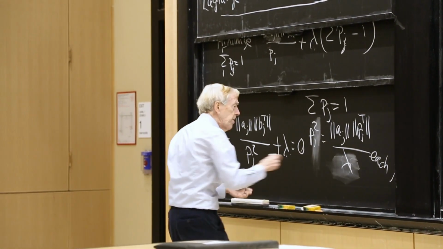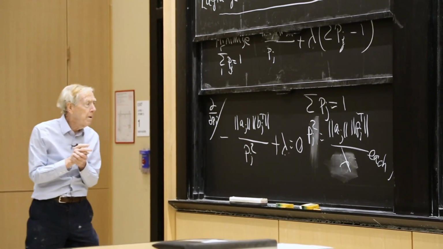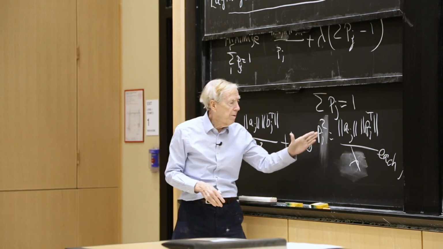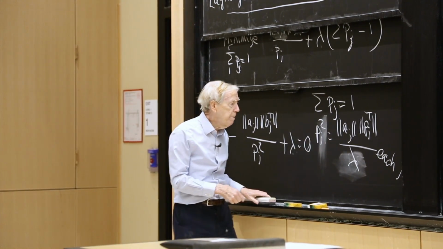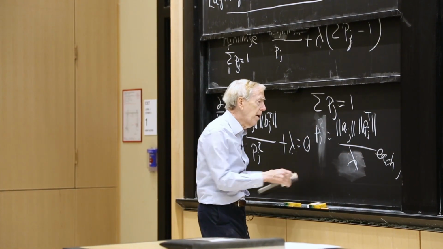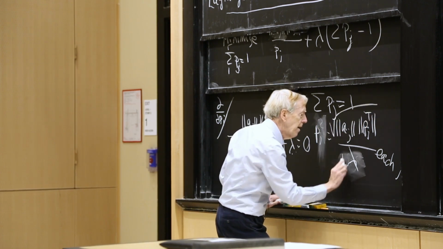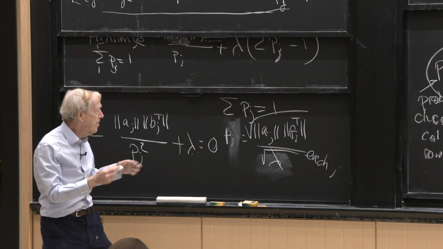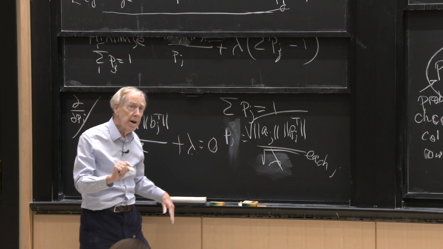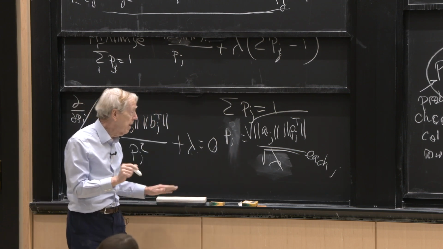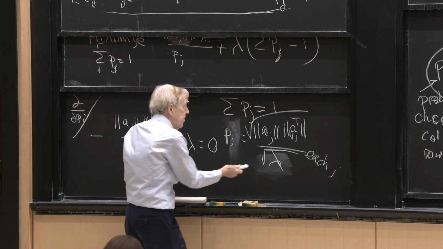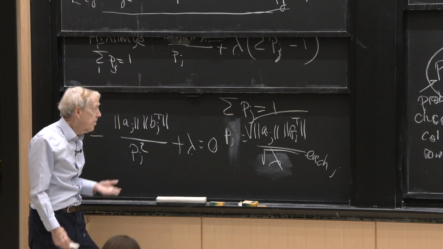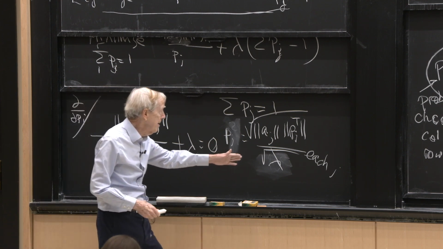Oh yeah, lambda is going to save us, because the total probabilities must be 1. So pj will be the square root of this stuff, and then the number lambda, Lagrange's multiplier, I haven't decided. So what is it? It's the correct number to make this equal to 1. So that is the constant C.